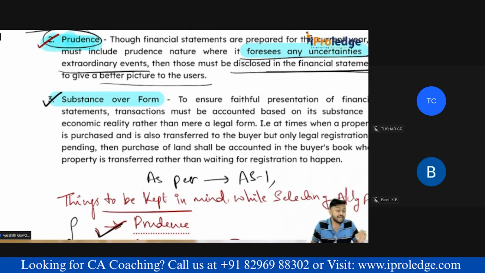That means in your place, if there was another accountant, he should have done the same thing. Even if you are there, you should have done the same thing. Now, whenever there is an income, if you think it is not probable, you should not record it. Suppose you think, this time our profit is less, let me record it.